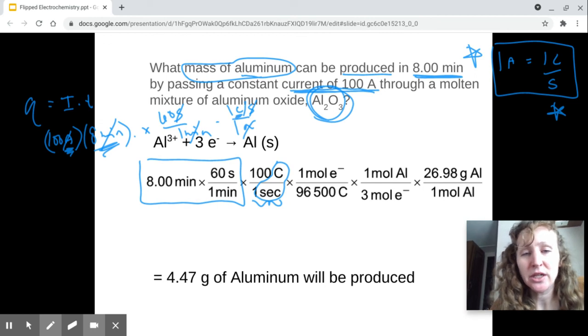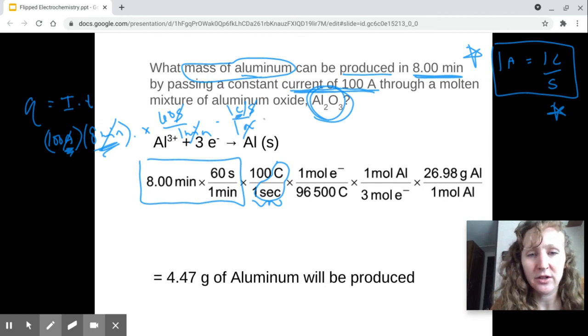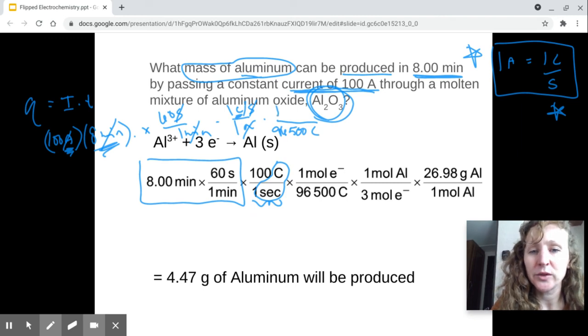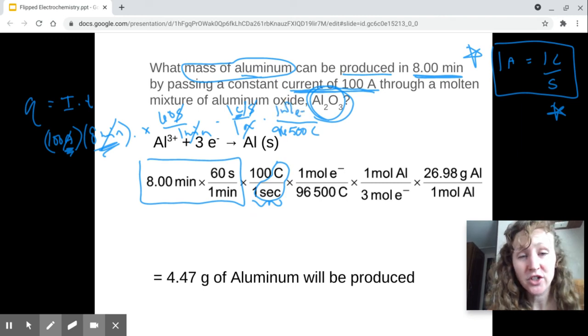And here I dip into Faraday's constant. I can use it to say 96500 coulombs, notice they round it, is equal to 1 mole of electrons.